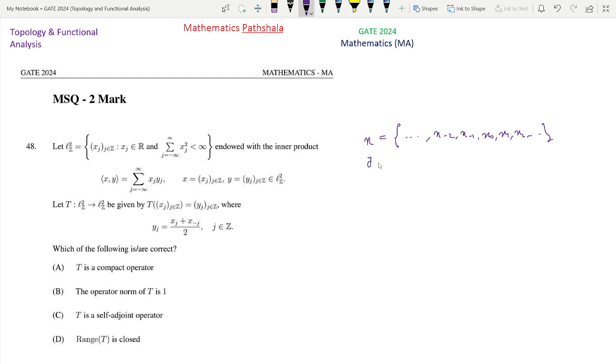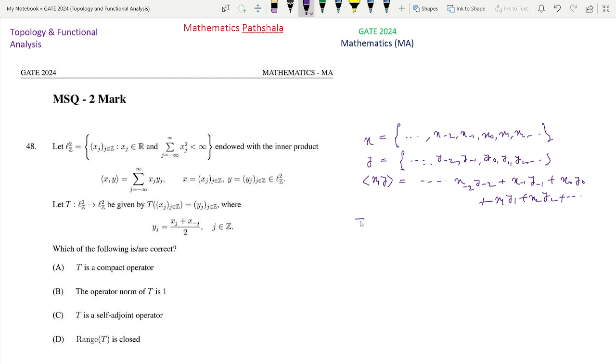So if we take x and y from this ℓ²(Z), say y_{-2}, y_{-1}, y0, y1, y2, dot dot, then this inner product is defined in this way: dot dot up to x_{-2} y_{-2} plus x_{-1} y_{-1} plus x0 y0 plus x1 y1 plus x2 y2 plus dot dot, in this way.